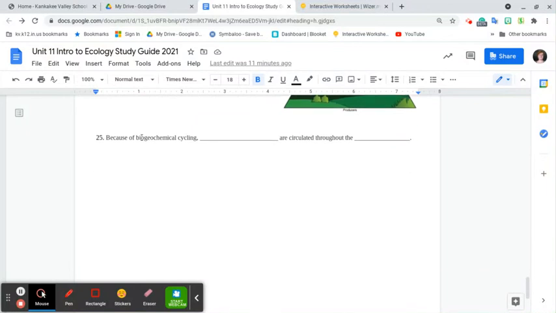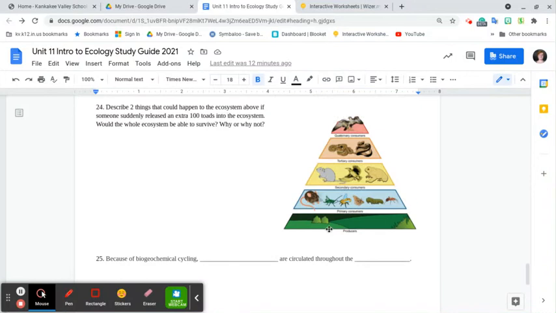This one, because of biogeochemical cycling, nutrients are circulated throughout the ecosystem. So remember, nutrients go in circles. Energy flows from the sun up the pyramid, and it does get lost.